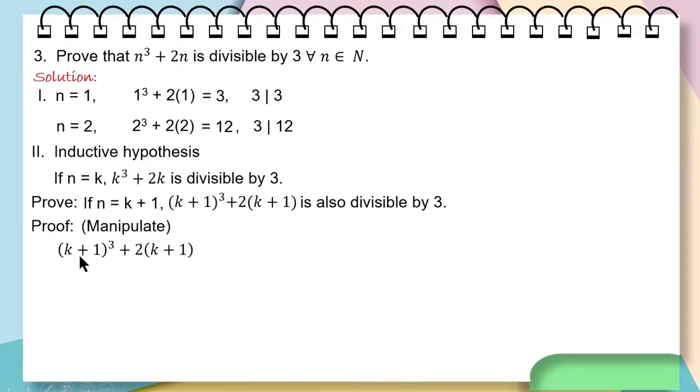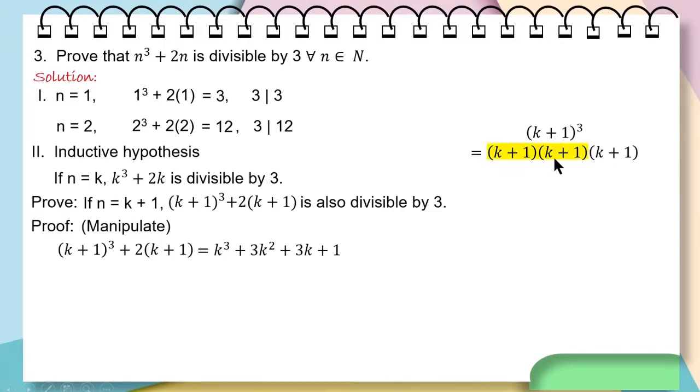First, expand k plus 1 quantity cube, and that is equal to k cubed plus 3 times k squared plus 3k plus 1. K plus 1 quantity cube is equal to k plus 1 times k plus 1 times k plus 1. Multiply the first two factors, we have k squared plus 2k plus 1.